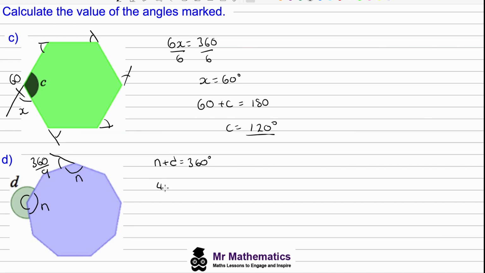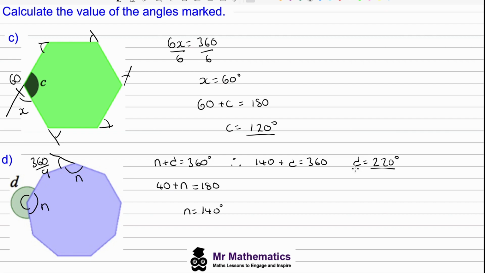So 40 degrees plus N form together to make a straight line. So N must be equal to 140 degrees. So if we know this is 140, we can work out angle D by putting N into here. So therefore, 140 plus D will make 360. So D must be equal to 220 degrees. Okay?